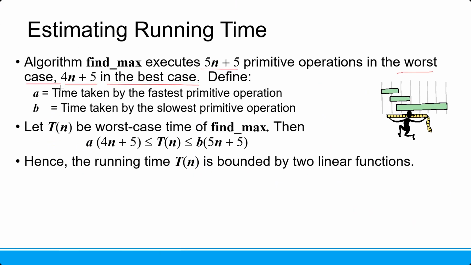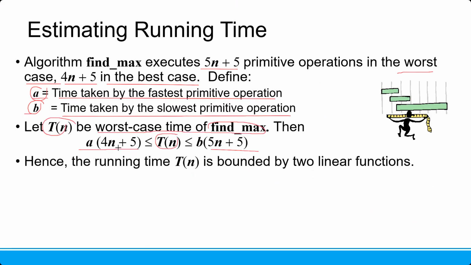So let's say I have another kind of definition, a and b. a is the time taken by the fastest primitive operation, and b is the time taken by the slowest primitive operation. Let's say T(n) is the worst case running time of the algorithm find max, and T(n) will be in between 4n plus 5 and 5n plus 5.